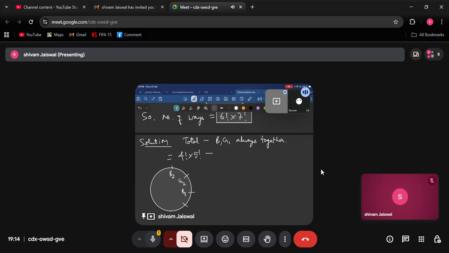Other people except B1, G1. Sir, 4 factorial into 3 factorial. 3 factorial into 4 factorial. Right.